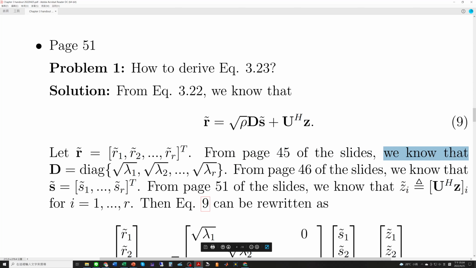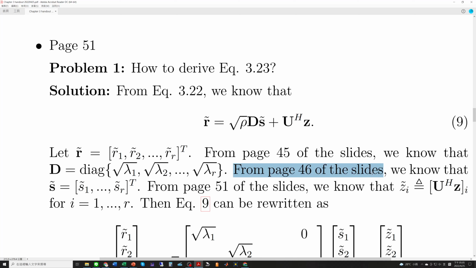D is equal to diag of the square root of lambda 1, the square root of lambda 2, to the square root of lambda R. That is, D is a diagonal matrix with diagonal elements equal to these terms.